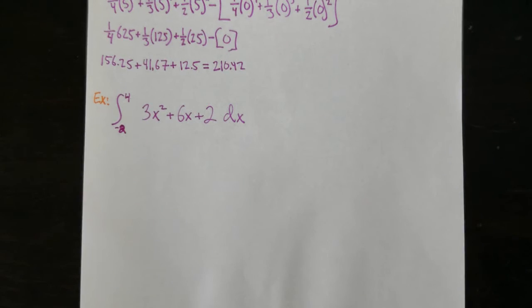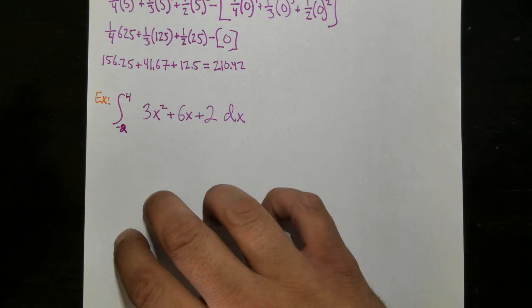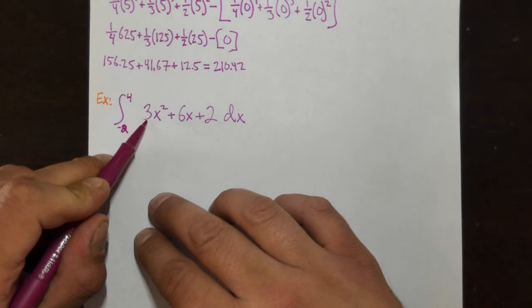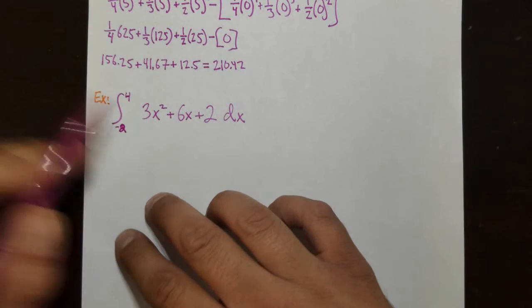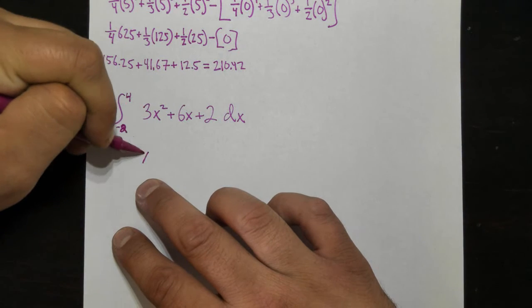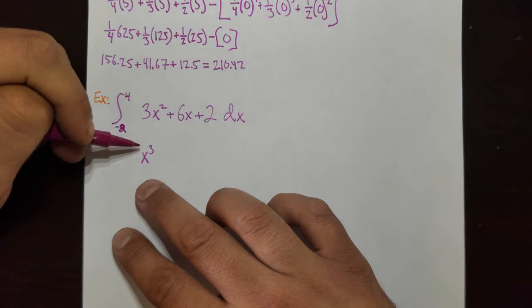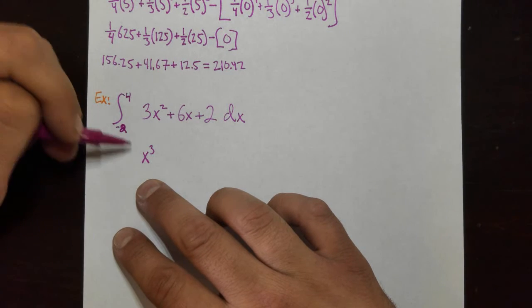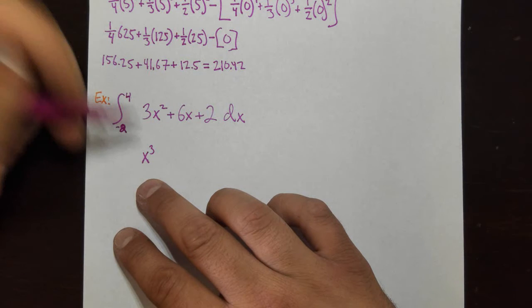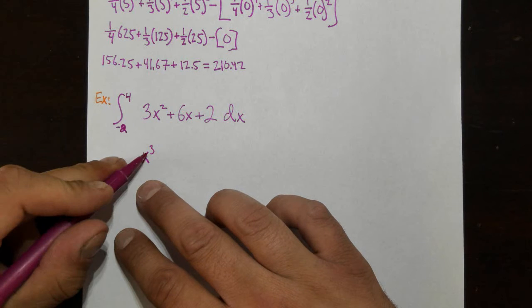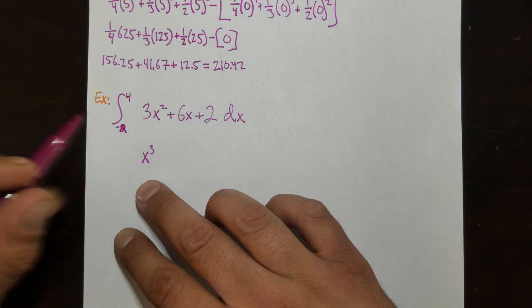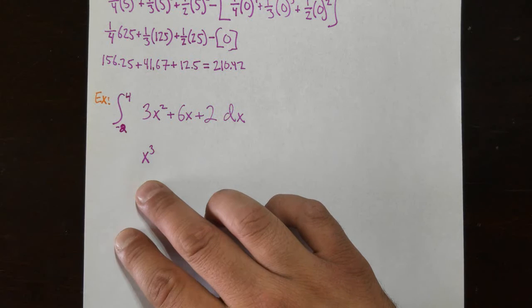So let's integrate this now. We're going to raise the power, then divide it by that power. So we raise x squared to x cubed, and we have 3x cubed, but if I divide it by 3, can't you see that I'll just have x cubed here? And you can go ahead and take the derivative of this, and we would get back 3x squared.